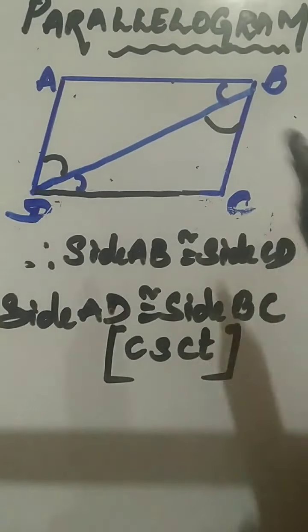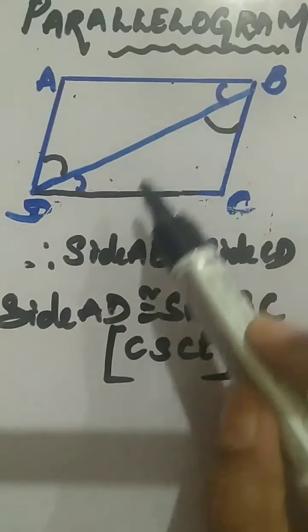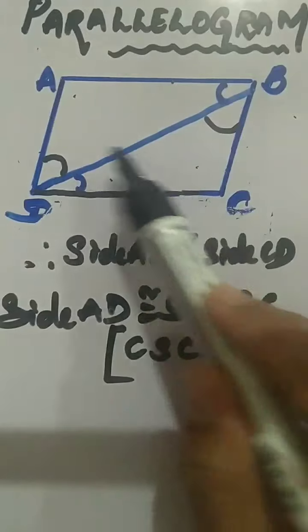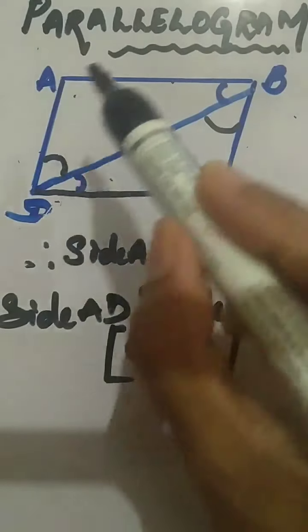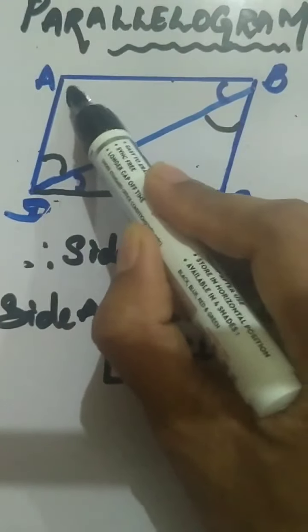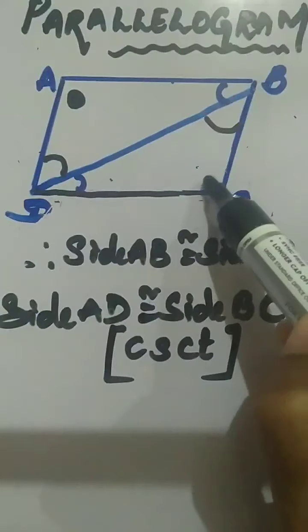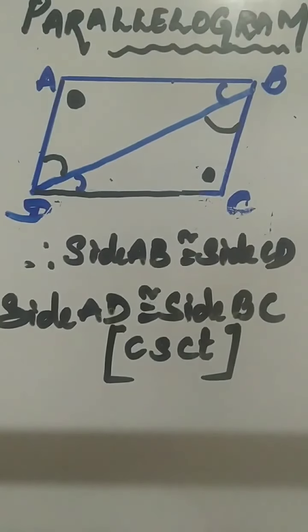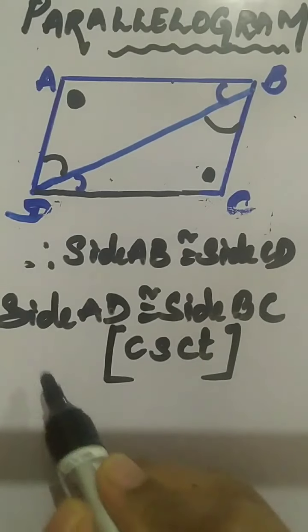Now again, if these two triangles are congruent, then obviously this angle will be congruent to this angle. Correct? So I have highlighted that.